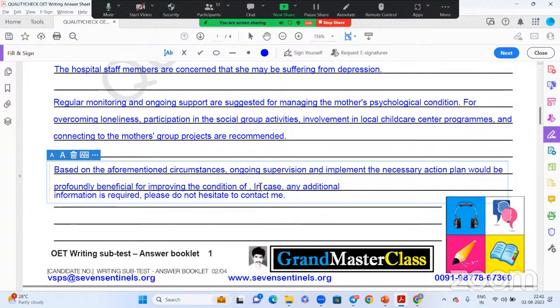Would be profoundly beneficial. Full stop. So why do you want to complicate? Just write beneficial. Full stop.